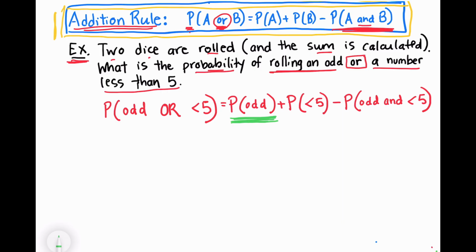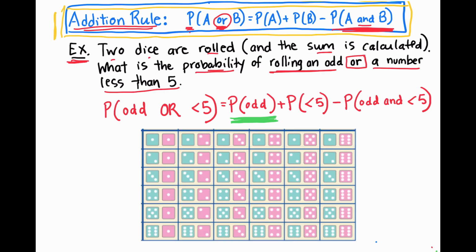If I roll two dice and I add the sum, what is the probability to get an odd number? So remember that this is what our sample space S looks like if I roll two dice. And notice how we have this alternating pattern. 1 plus 1 is 2, so that's even. 1 plus 2 is 3, that's odd. And then 1 plus 3 is 4, that's even.